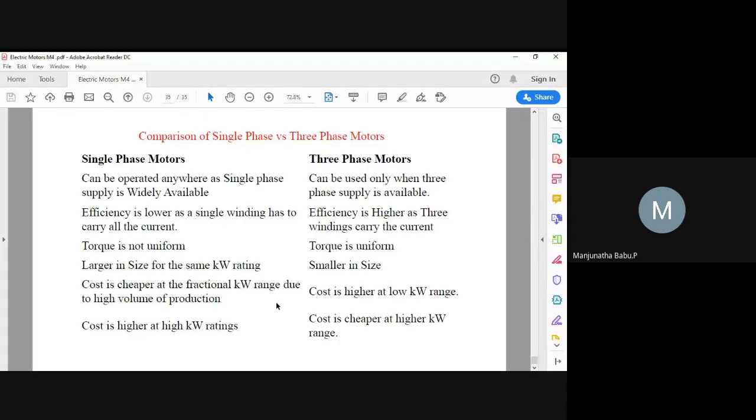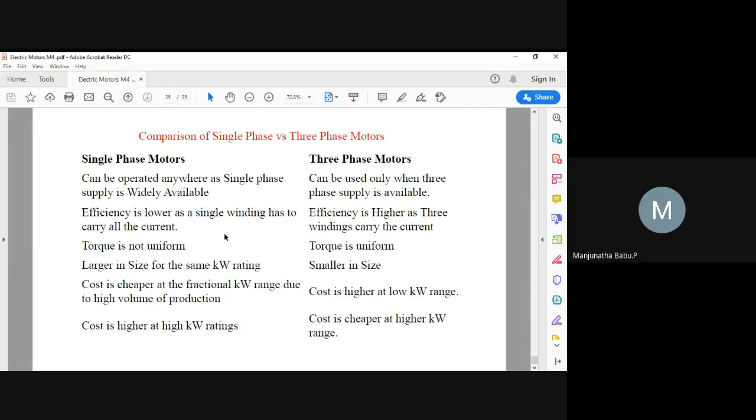The third point: the cost is cheap when we go for a high kilowatt range. When the capacity of the motor increases in a three phase, the cost will be cheaper, whereas in single phase, as the kilowatt increases, the cost will be more.